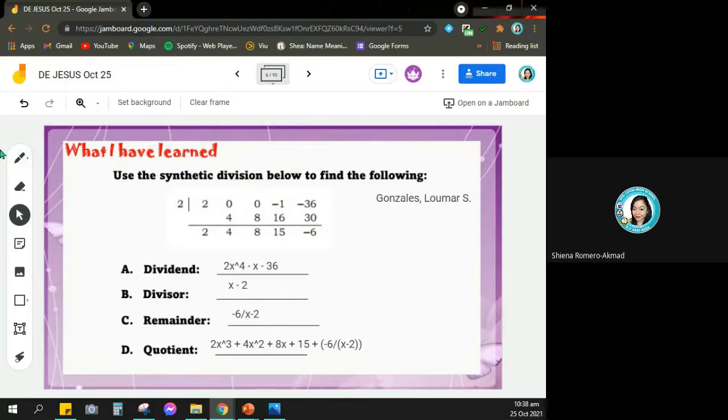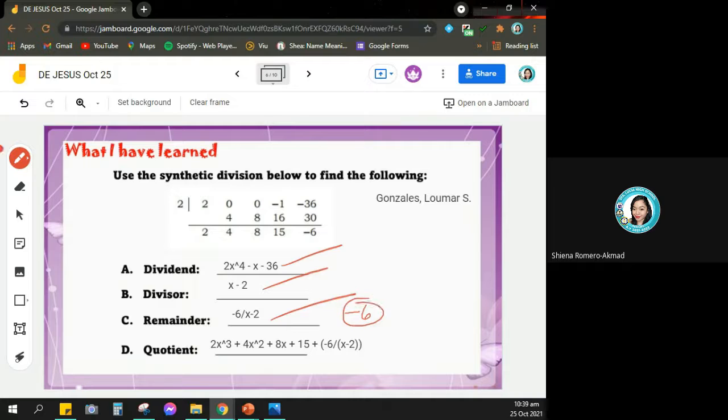So, ito, let's check. Si Lumar again. That is 2x raised to 4, 4, 3, 2, 1, constant. 4, 3, 2, 1, constant. Tama. 2x raised to 4 minus x minus 36, correct? X minus 2, correct? Remainder, negative 6 over x minus 2, correct? Or pwede ding negative 6 na lang.